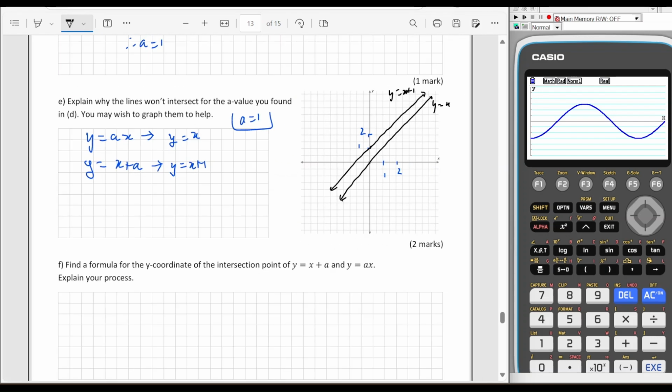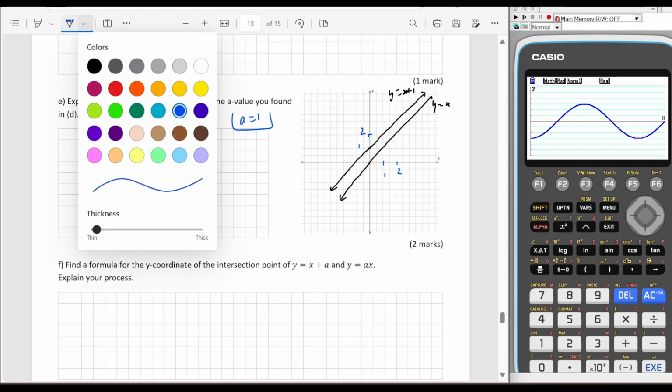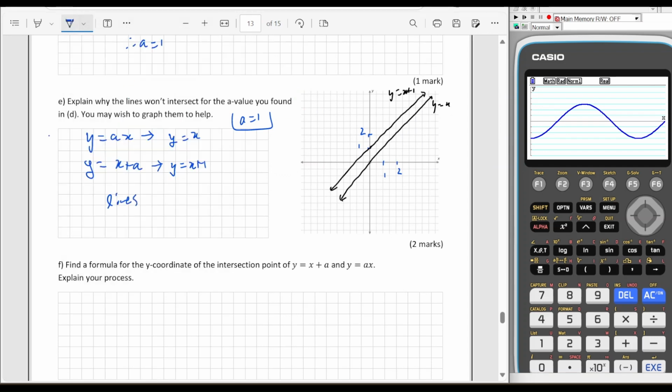And what do you know? Lines are parallel, therefore no intersection.